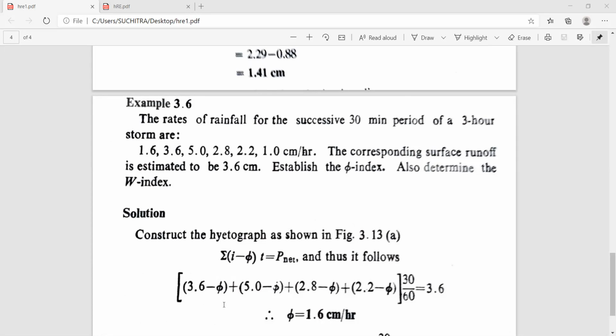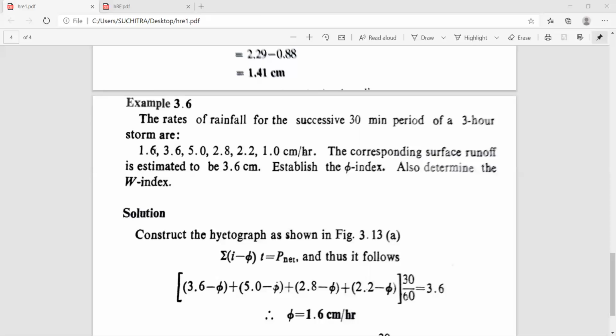Now here in our case, we have the rainfalls 3.6, 5.0, 2.8, 2.2. We shall assume a constant rate of infiltration as 1.6 centimeters per hour.